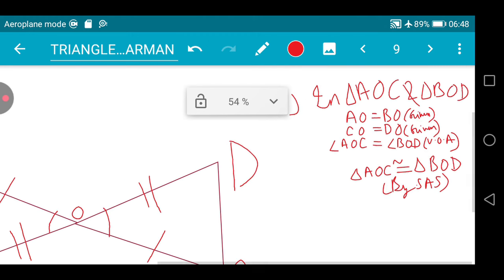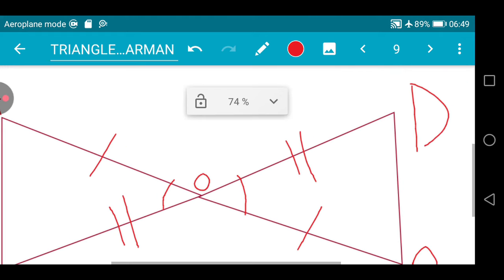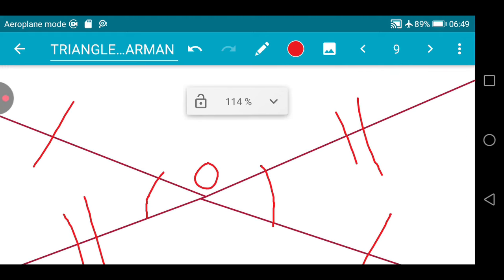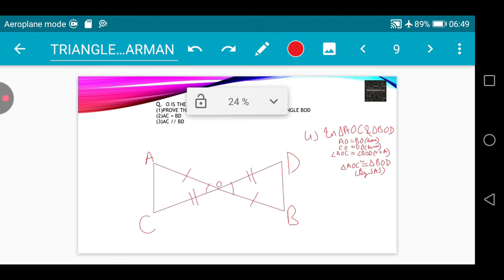No. Every time this criteria is not used without checking. Because we have only just done side angle side, I am writing here by side angle side. But how is it formed? Two sides and one included angle, the angle in between. So this is side angle side.